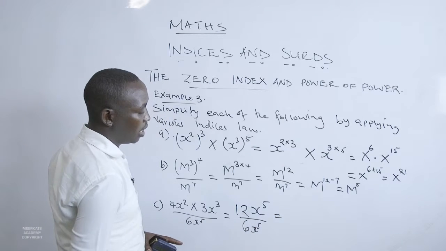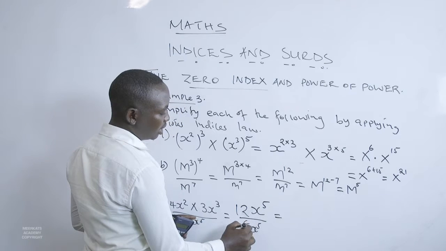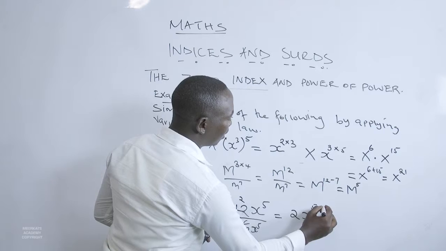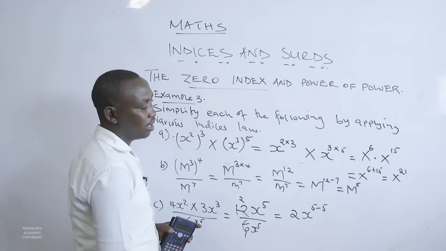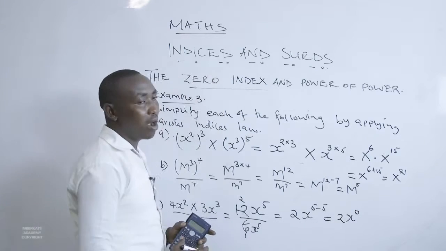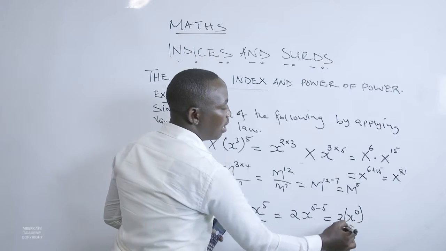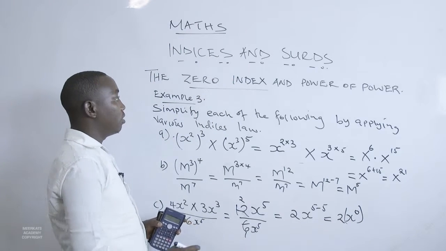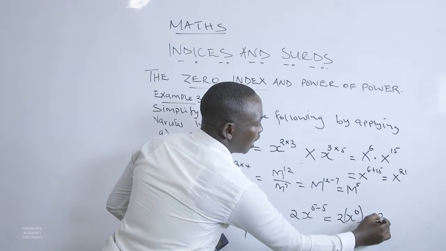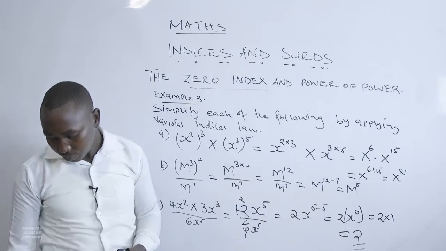Simplifying 12 over 6 gives 2, so this shall be 2x raised to 5 minus 5 because of division. So this is 2x raised to the power 0. But we recall that any number raised to the power of 0 becomes 1. So this shall be 2 multiplied by 1, which gives 2.